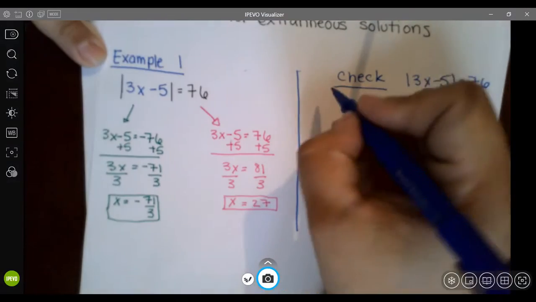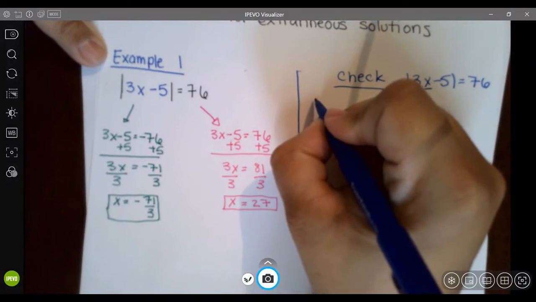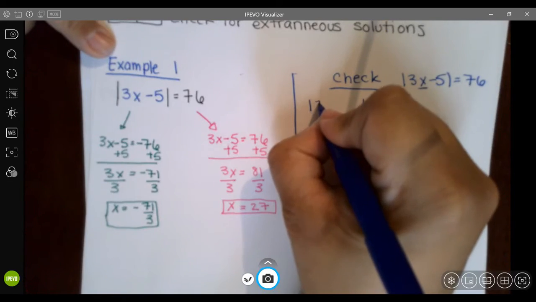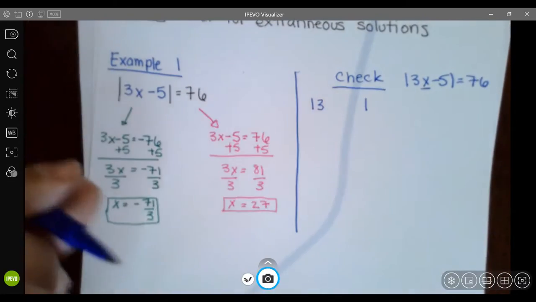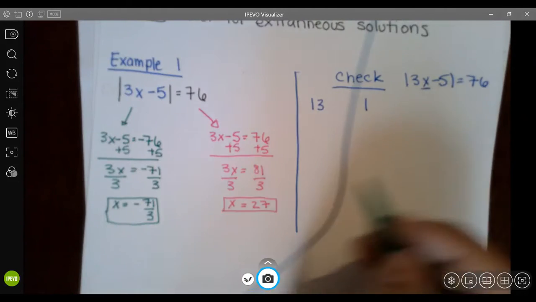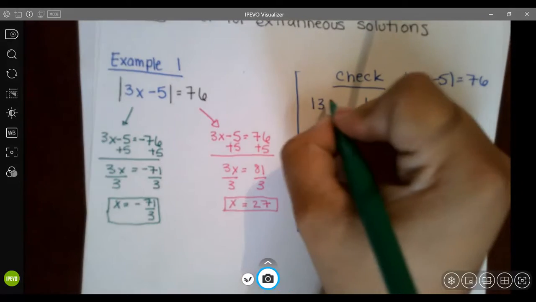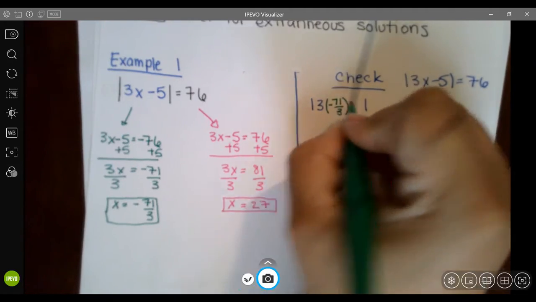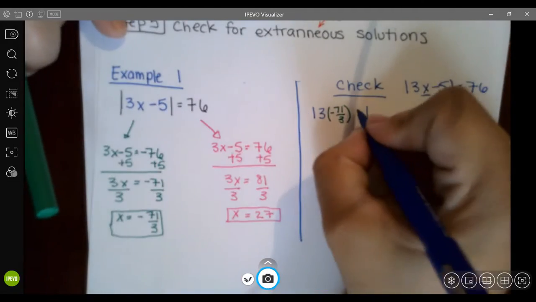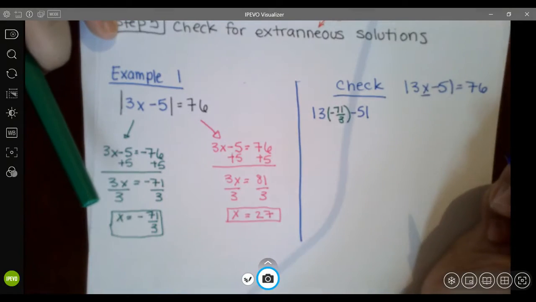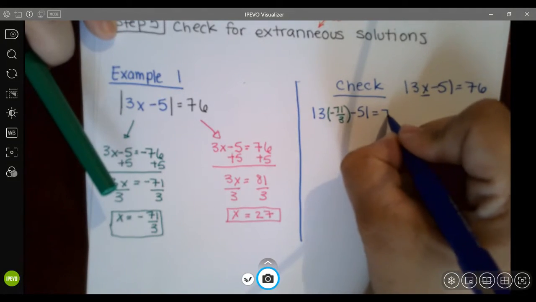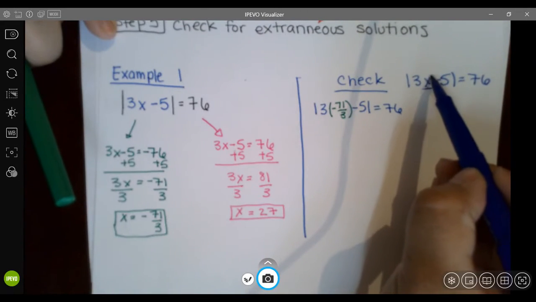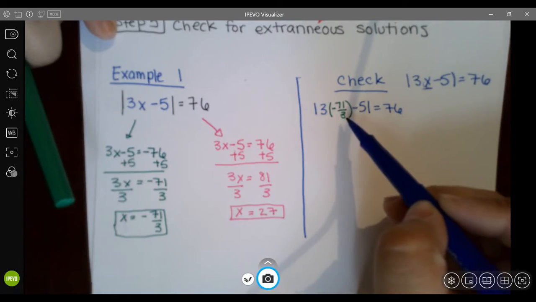So for the first one, I'm going to have absolute value of 3, and then the first one I'm going to check is negative 71 over 3. So negative 71 over 3, and then continue the rest of it. Minus 5 is equal to 76. So I just got that first x and I substituted it into my equation. And this is what I got.